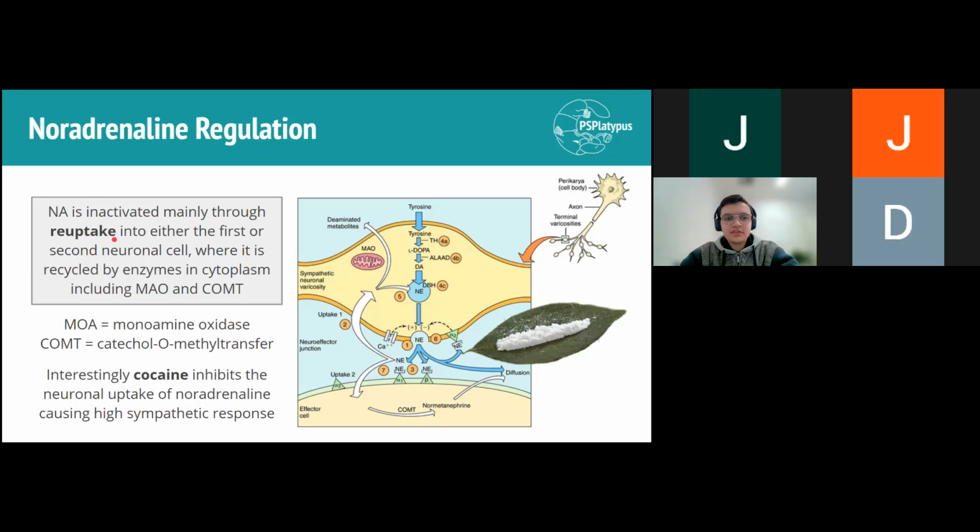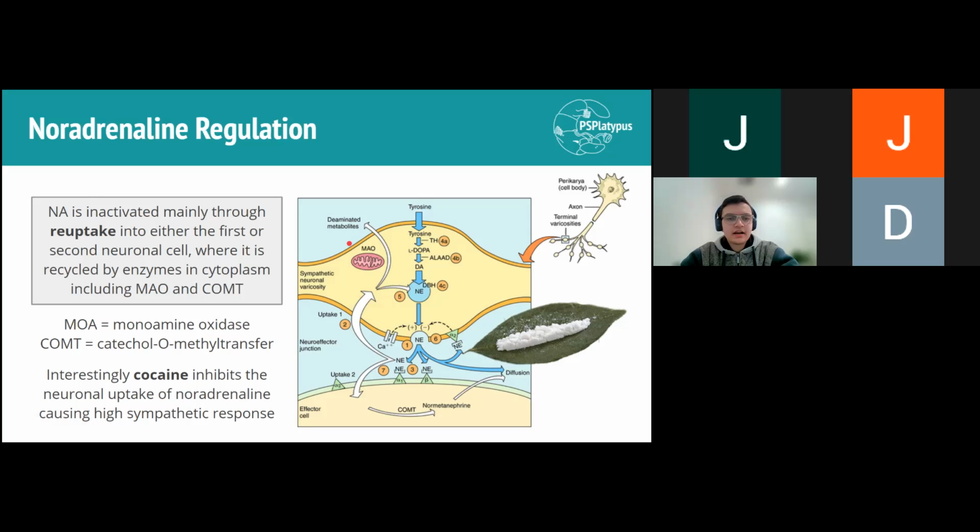This is either going to be in the first or the second cell, so it can be either of these cells that do this. Generally the enzymes are MAO and COMT. You don't need to remember these; it's just to quantify what these acronyms mean: monoamine oxidase and catechol-O-methyltransferase.